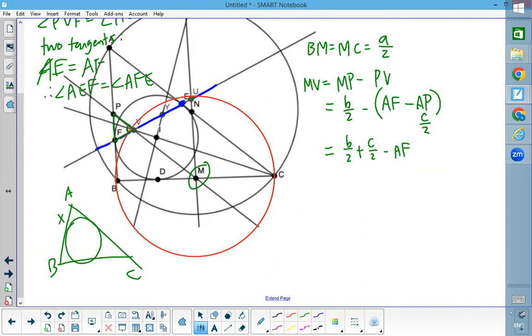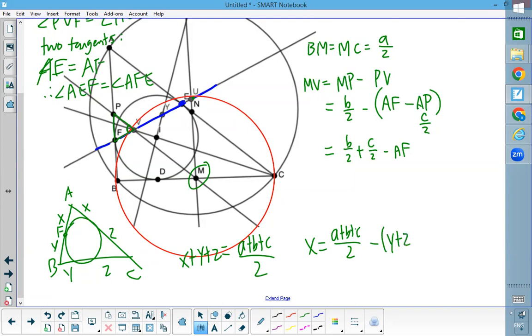By the two tangent theorem, we have tangent lengths X, Y, Y, Z, Z, and we want to find X. X plus Y plus Z is equal to (A plus B plus C) over 2. So AF is equal to X, which is (A plus B plus C) over 2 minus the length of Y plus Z.